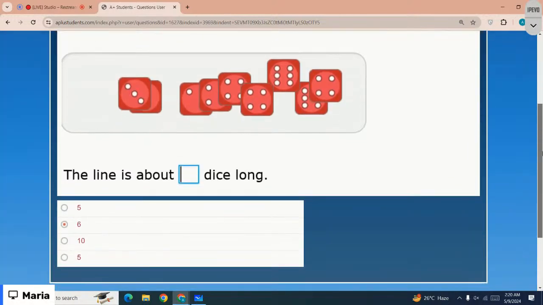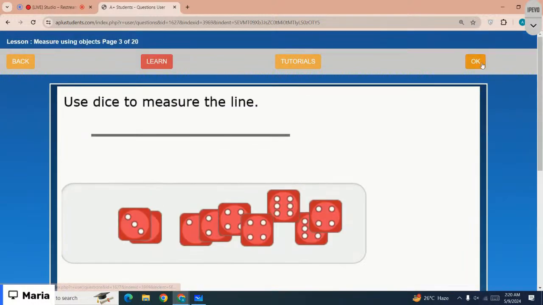You don't have the option 8, right? They are 5, 6, 10, and 5. So that is 6 dice long. The correct option is 6. That's the one we did in the tutorial, isn't it?